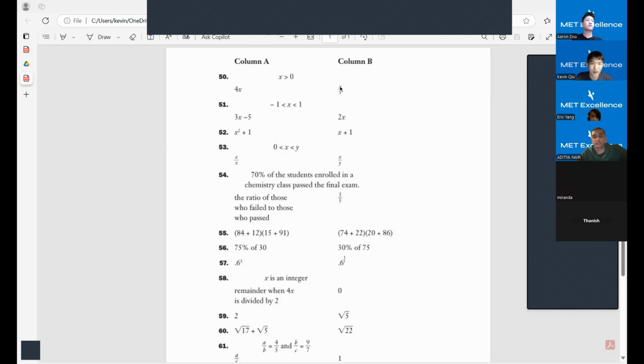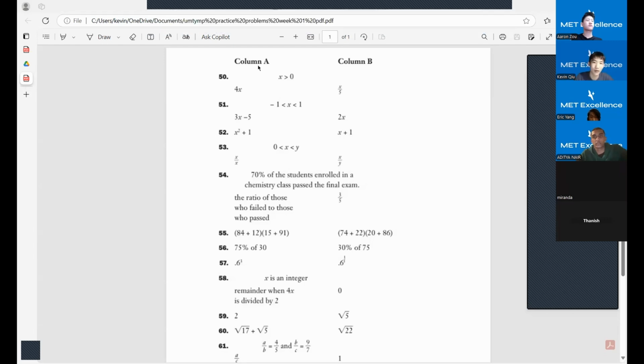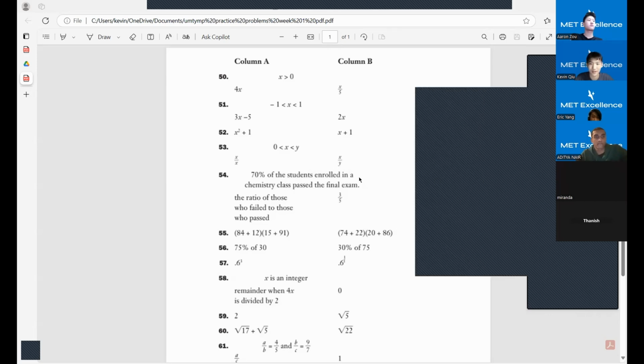For the first one, we have x is greater than 0, and then we have 4x or x over 5. So type in chat what you guys think is the answer. I'll give you guys a few seconds for that.